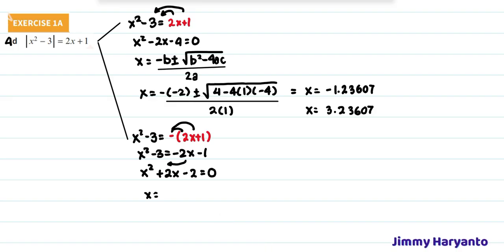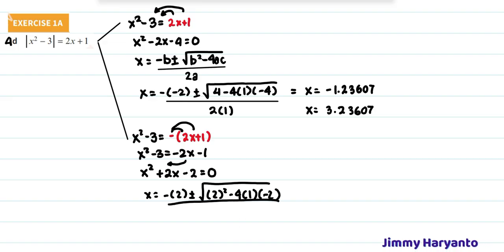This one also cannot be factorized. That means I have to use the formula b square minus 4 times a times c over 2a, 2 times 1.